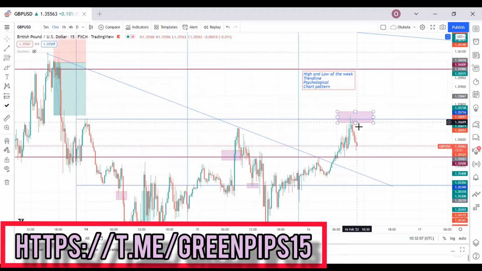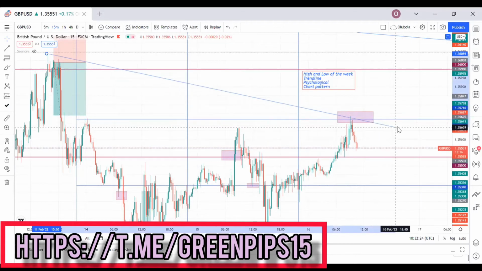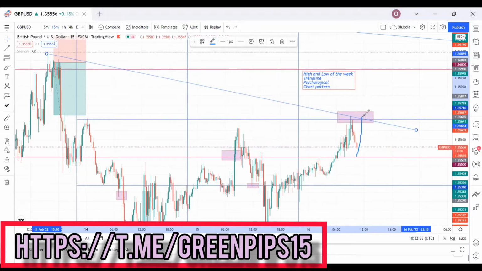Because this market presently, I'm sure some people are selling. Yes, some people might be selling. Not that some people might be selling. Some people are selling in this market based on their own principle. But based on my own principle, I am actually waiting for something like this to happen, another tank up.